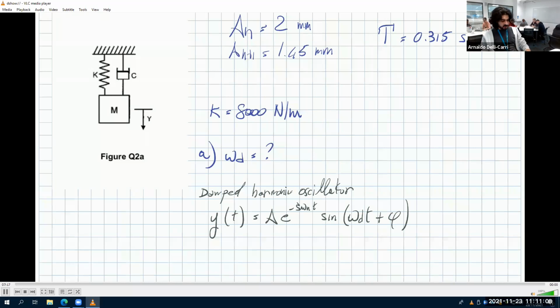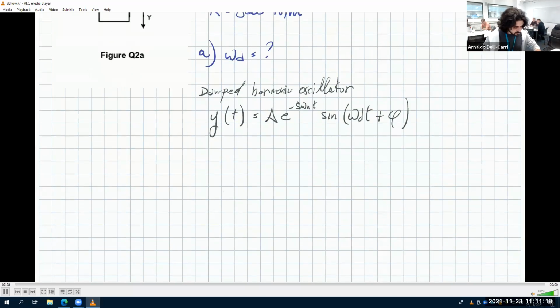And so this omega d is the frequency of the sine wave. So if I look at it like this, this is the sine wave.